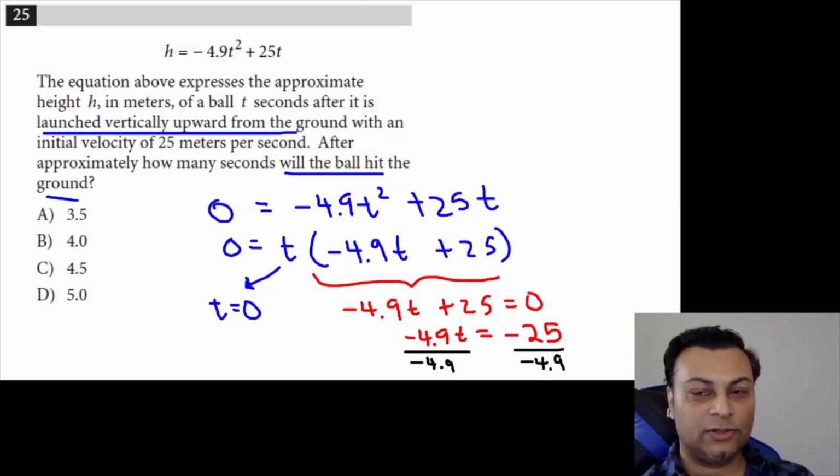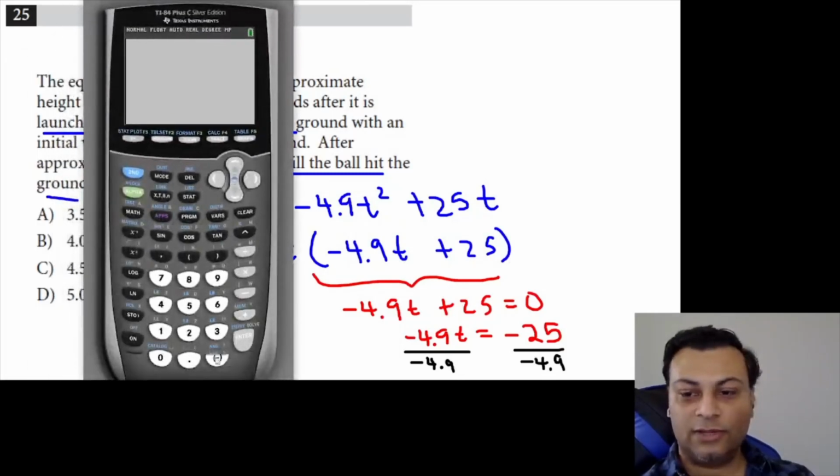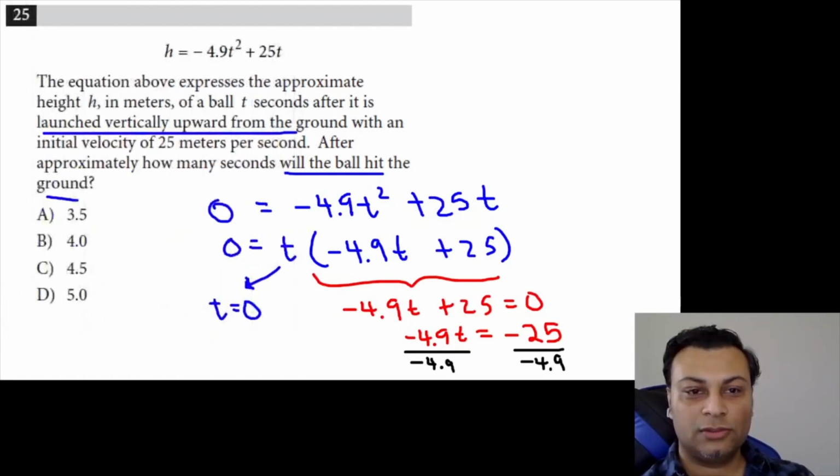Let's grab the calculator. We have negative 25 divided by negative 4.9. You could also do it without the two negative signs. You get 5.102. So the answer is approximately 5 seconds, given what's on offer. So the answer is D.